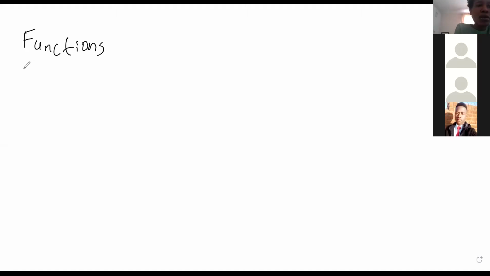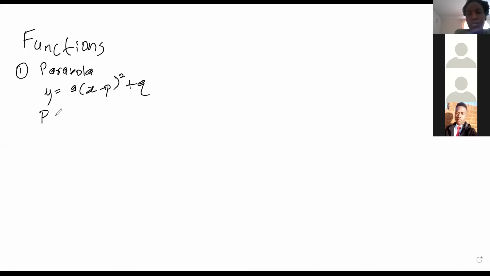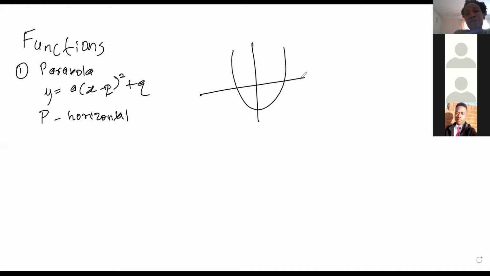So we've got a parabola. The general formula for a parabola is in this form: y = a(x - p)^2 + q, where p is the horizontal shift. If this is your parabola and this is your p, the p is telling you how the graph will shift in the horizontal, or x, direction.